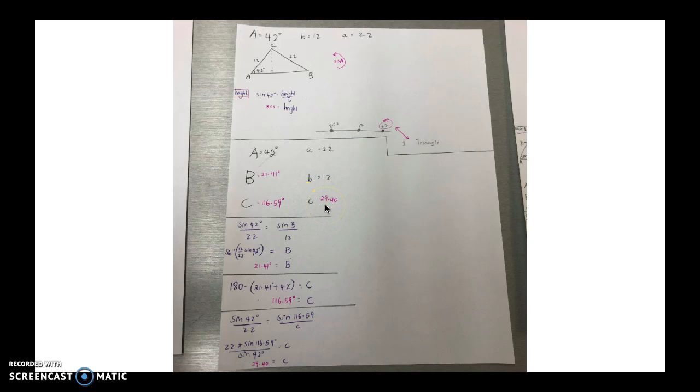And at the bottom, I set up my law of sines ratios again to help me find side length C. And I use the known, which is sine 42, divided by side length of 22, which is opposite from it, equals the sine of C, which I now know what angle C is, which is 116.59, divided by side length C. And then I simplify that by cross multiplying and then isolating for C, and I find that side length C is 29.40.